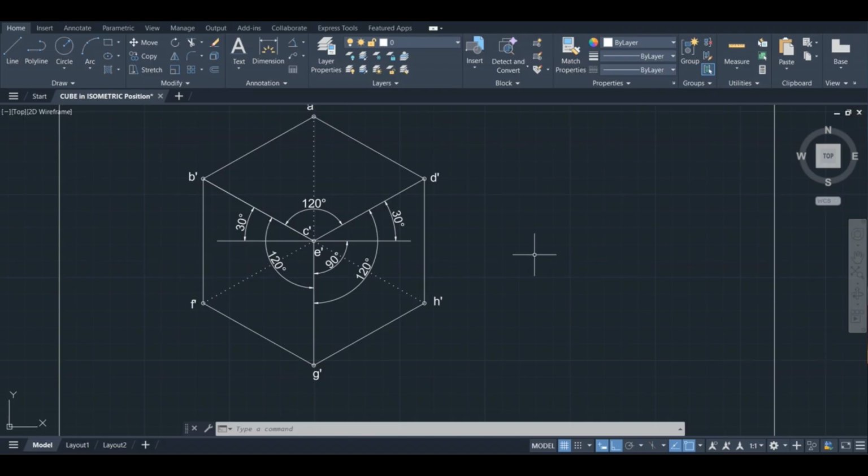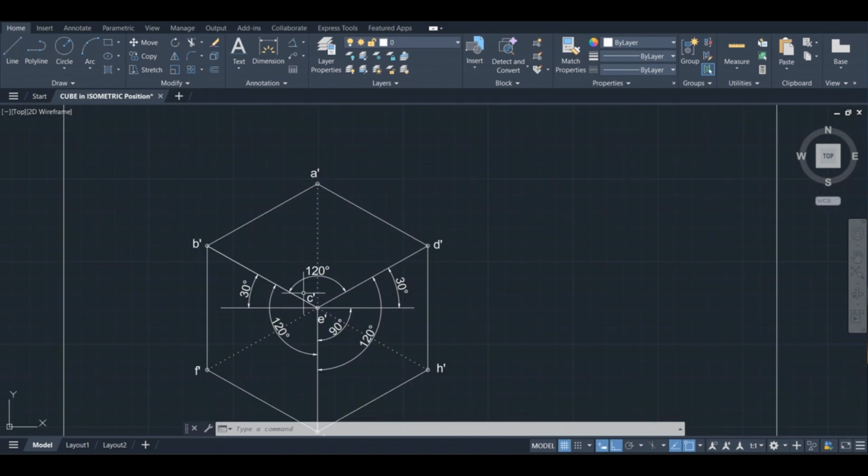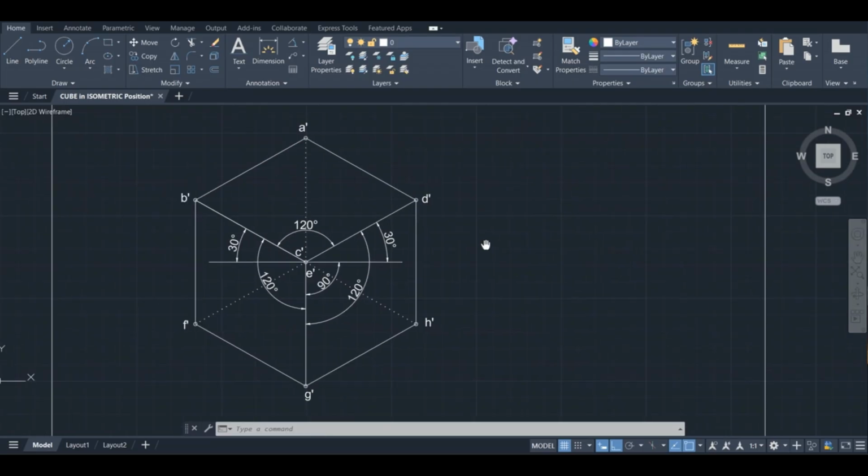So whenever it is required to draw objects in a vertical plane, we have to take either this side plane or this side plane as the base plane and then proceed for the further construction. Suppose any object is placed on the ground, then we have to consider this top plane ABCD. The same way we have to construct in the isometric projections. Thank you.